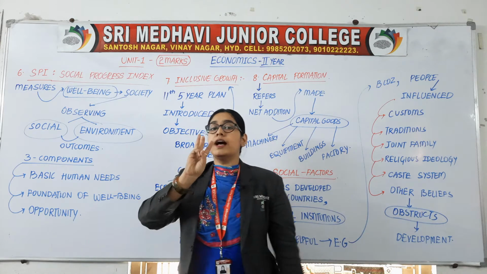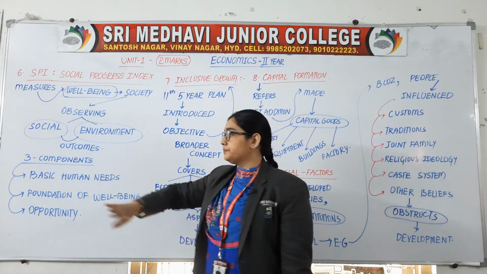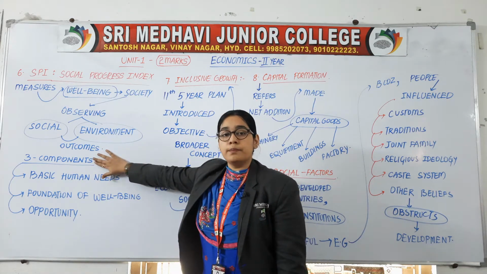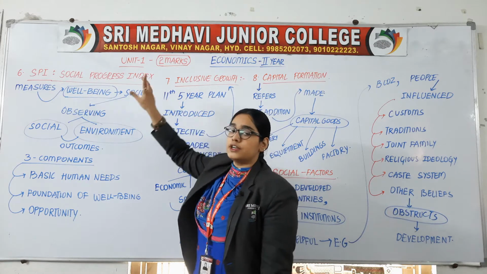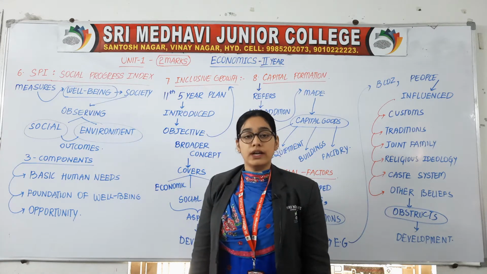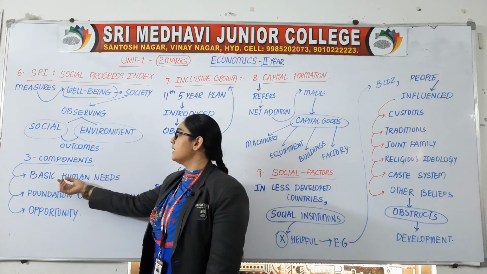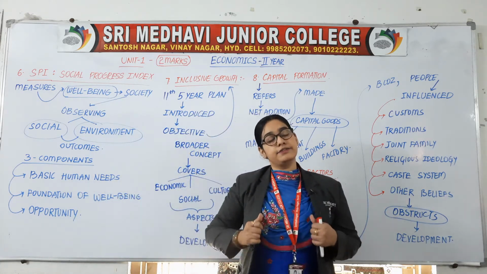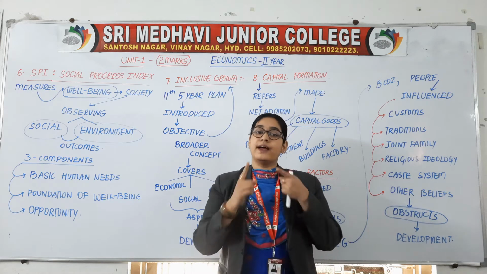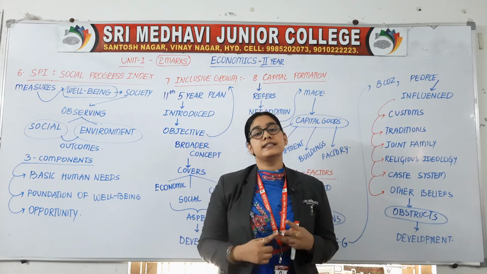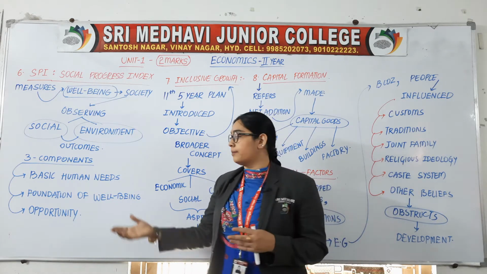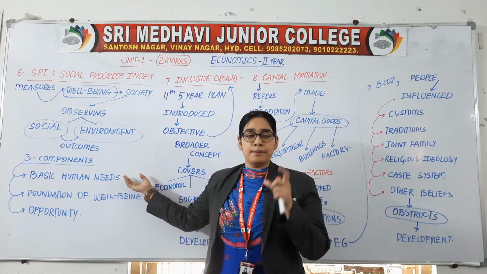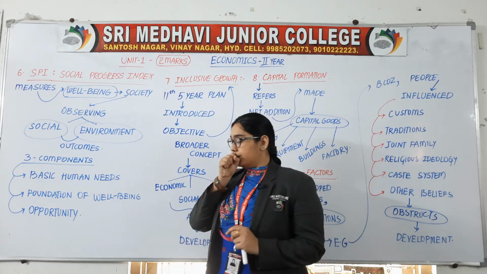But there are 3 components which are used to measure SPI. What are those 3? The first one, basic human needs. If you are able to satisfy your basic needs, that is food, cloth and shelter, that is nothing but your basic human needs.